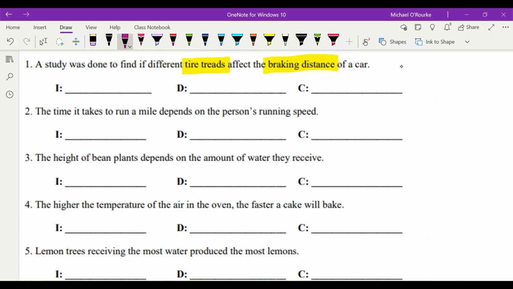So I'd say, okay, does braking depend on your tires, or your tires depend on your braking? I would take the first one as the independent one. So brakes depends on your tires. So tires is your independent and brakes are your dependent.